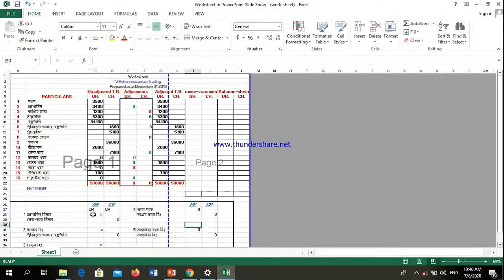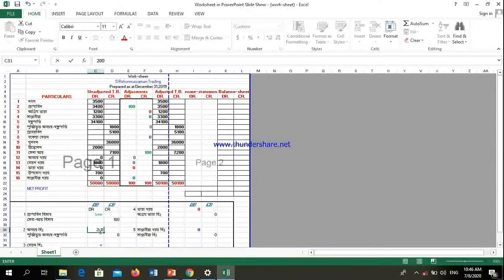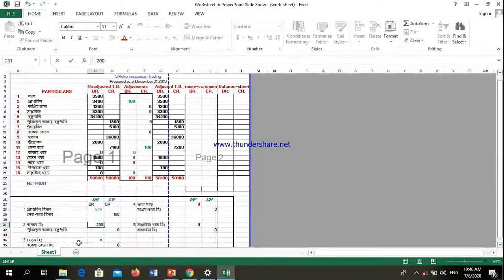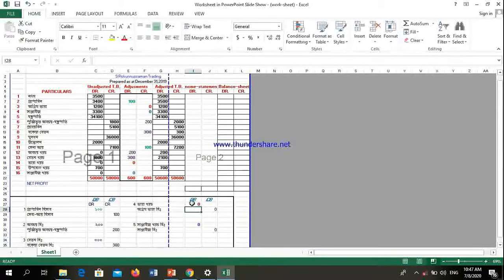So again, as we have already put the figures, 100 in number 1, 200 in case of number 2 adjustment. The third adjustment is 300. Number 4, how much there?